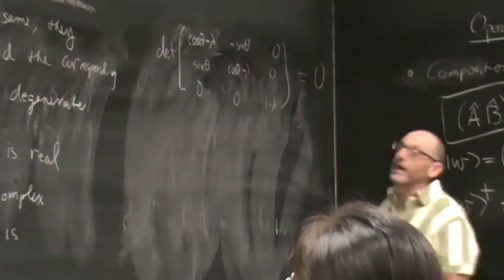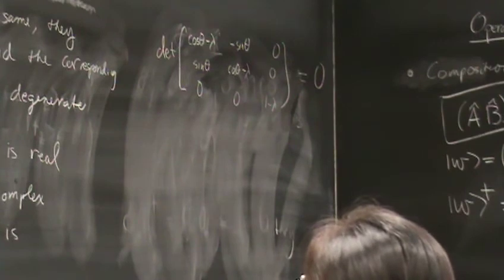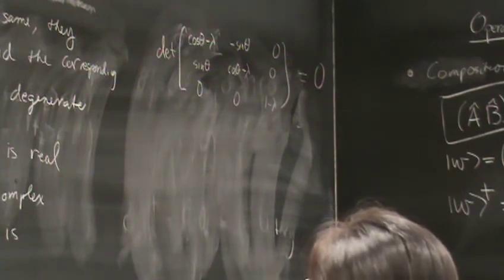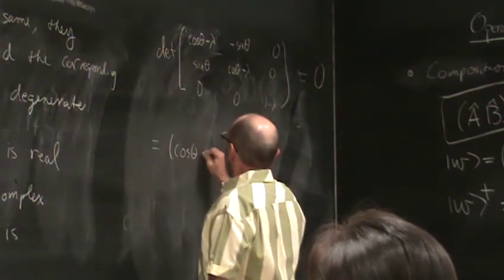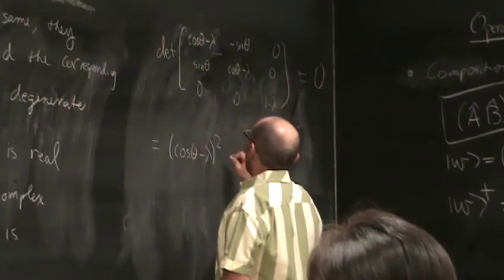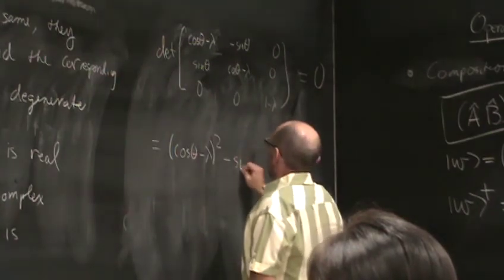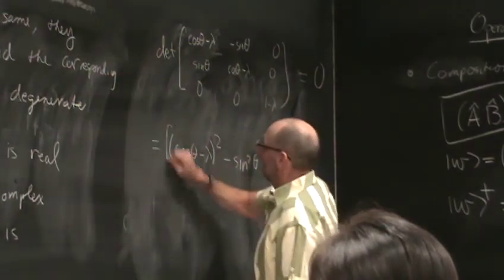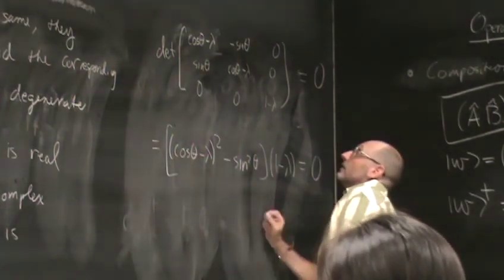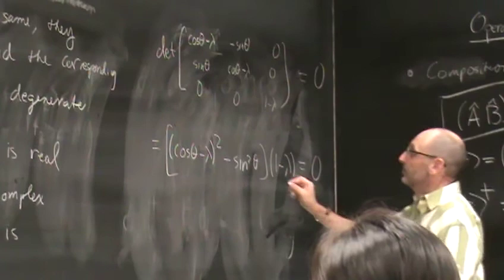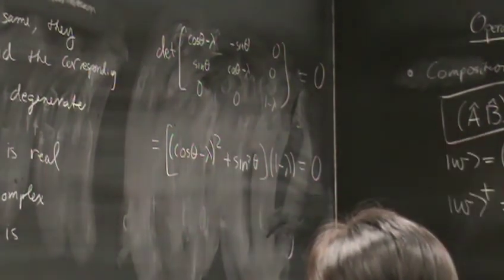That determinant has to equal 0. So you take the determinant of that matrix, you get cos theta minus lambda squared, plus sine squared theta, all times 1 minus lambda. It's plus, yeah. Thank you.